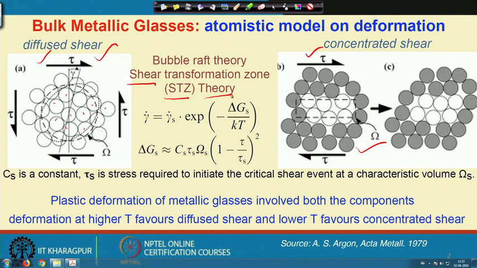Langer and Professor Falk. There are several theoreticians who keep on doing modeling experiments and trying to explain this particular feature. It is valid not only for bulk metallic glasses, but also metallic glasses or any other solid which exhibits an amorphous structure or disordered atomic structure.